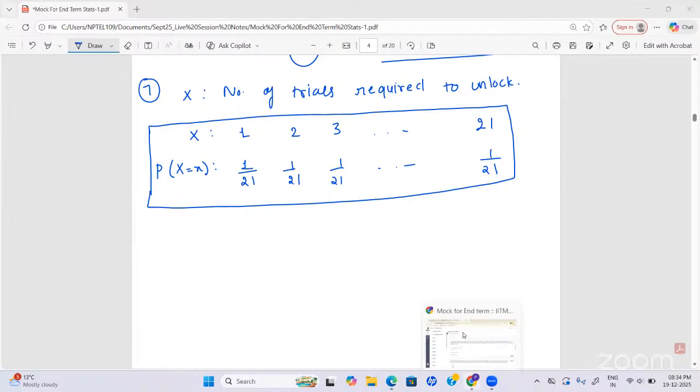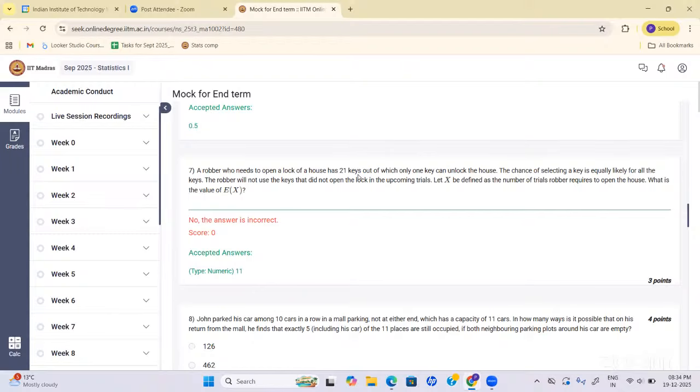Okay, see, the question is, he has 21 keys and only one key can unlock the house. The variable X is taking values 1 to 21, suppose. For the different keys, we are giving the numbers 1 to 21, and they are equally likely to be taken, and they are independent also.